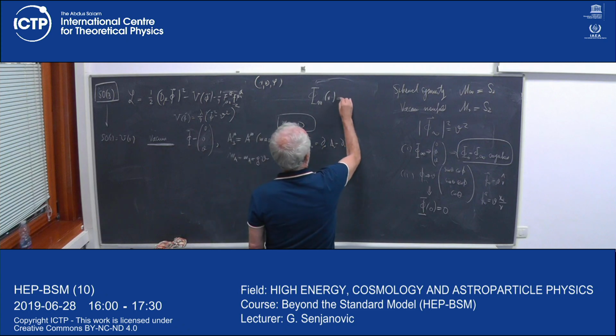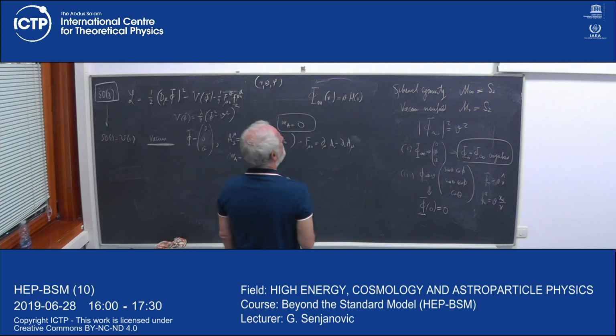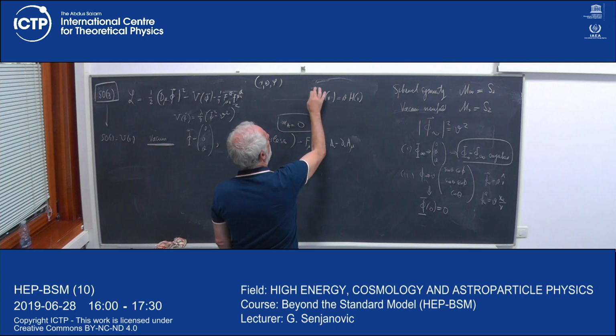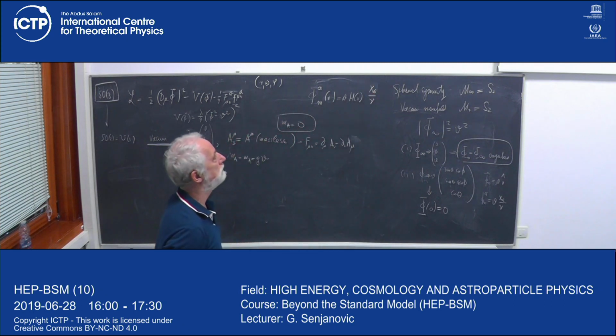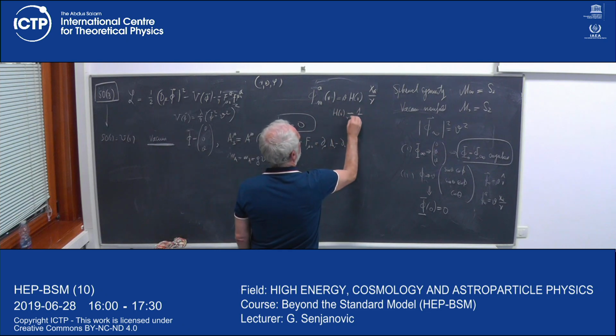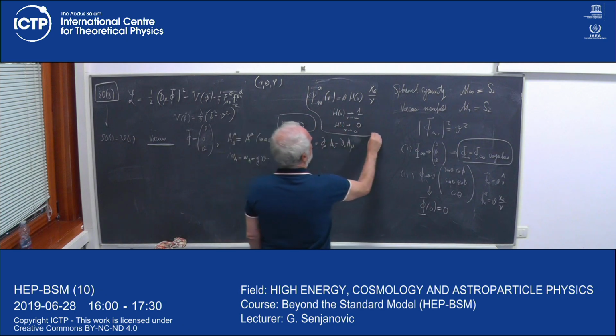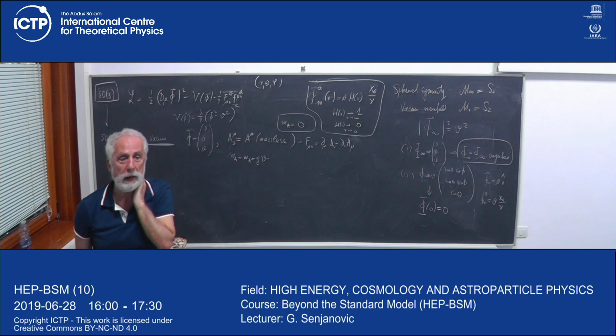Needless to say, is some function V, H of R. H of R goes to 1 when R goes to infinity, H of R goes to 0 when R goes to 0.